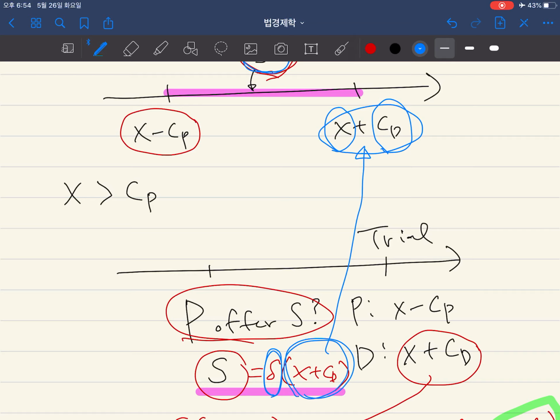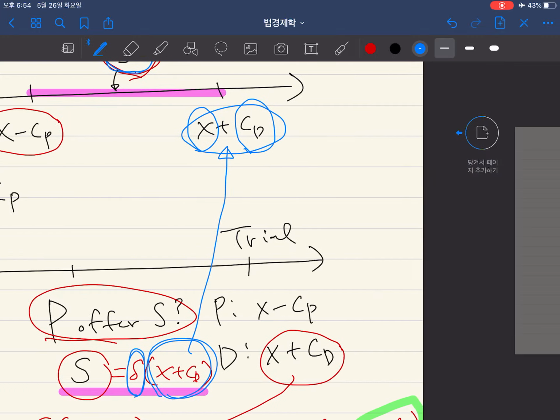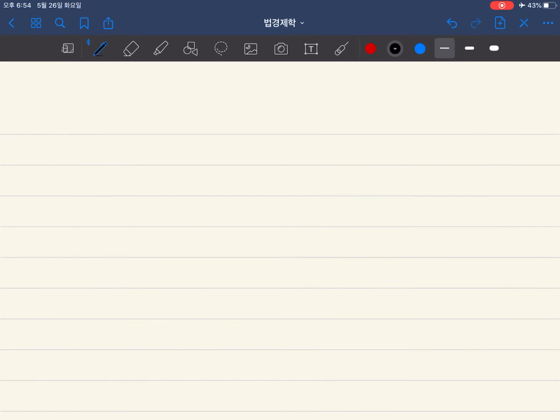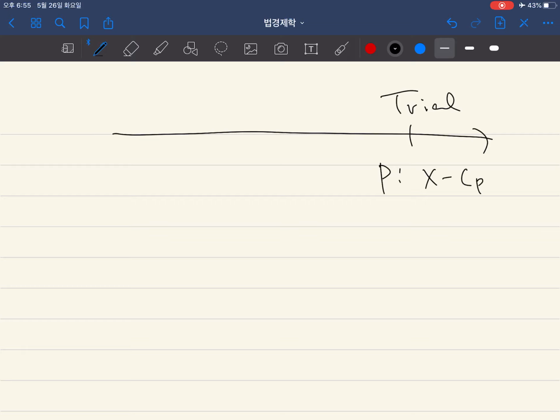Now, what if defendant has the last chance to make a settlement offer? So if they go to trial tomorrow, plaintiff's payoff is x minus cp. Defendant's cost is x plus cd.